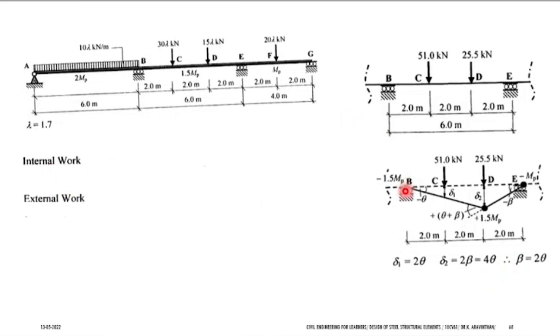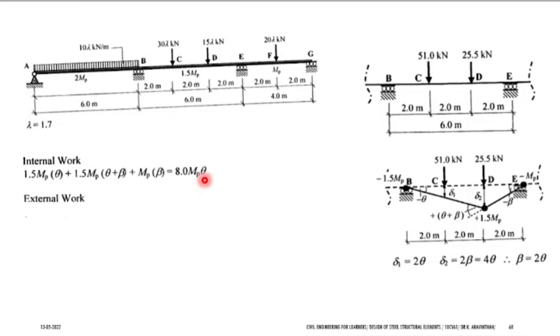Here you have mp into theta, and 1.5 mp into beta, so 1.5 mp times theta plus beta. This will be your answer. Instead of beta you have to substitute 2 theta. If you substitute this, you will be getting the answer as 8 mp theta.